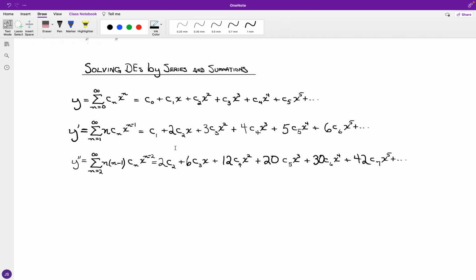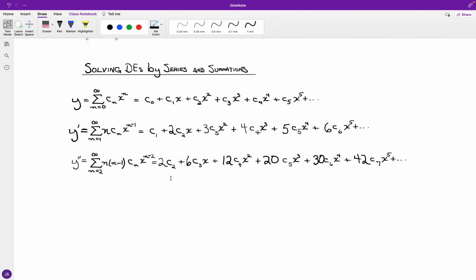For the second order derivative, we have the general notation within the summation: n times the quantity n minus 1 times c sub n times x raised to the n minus 2 degree, going from 2 to infinity.